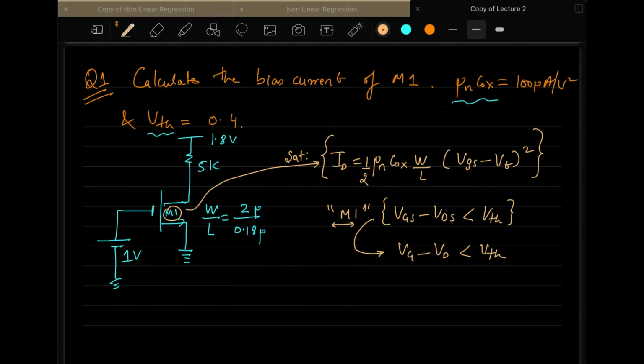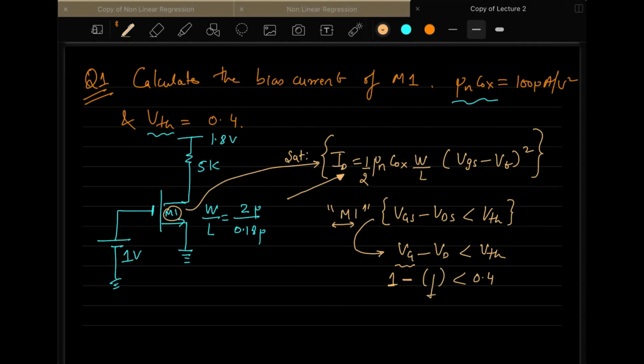So when I told you that I am writing the MOSFET M1 equation as this, I am assuming it is in saturation. I am not saying it is in saturation. And the reason for that caution is that we know the gate voltage here, which is 1 volt. We know the threshold voltage, which is 0.4 volt, but we do not know VD.